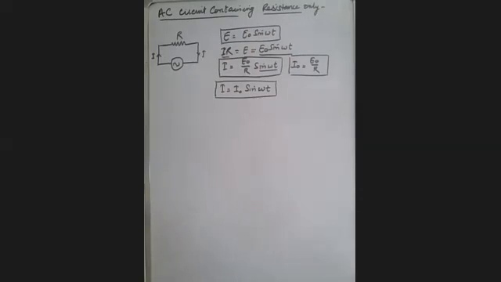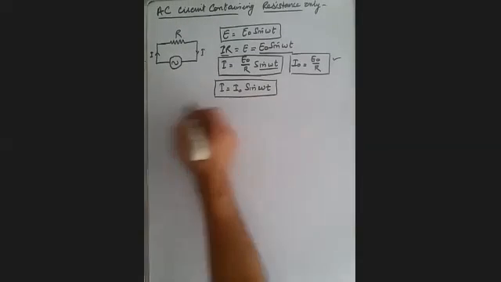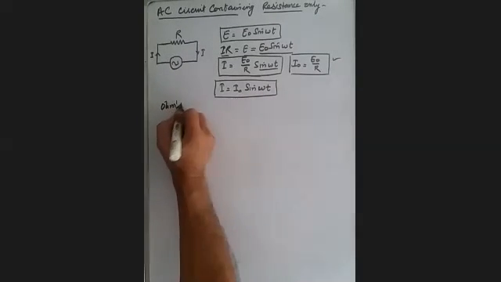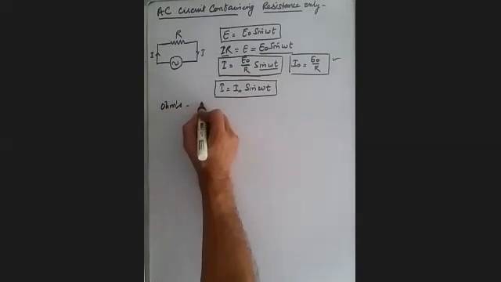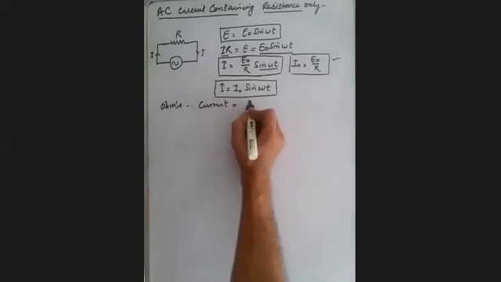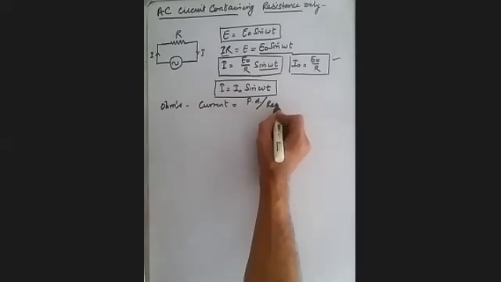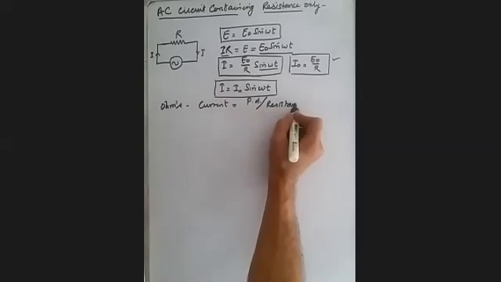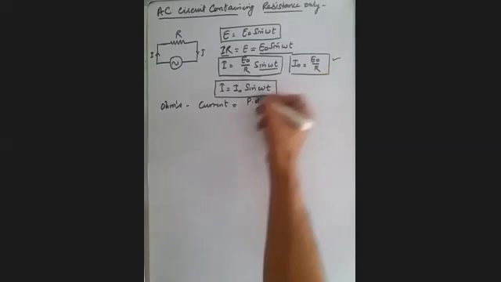Now, looking at this, Ohm's law states that the current flowing through a circuit is equal to the potential difference applied divided by the resistance. So this is similar to this.